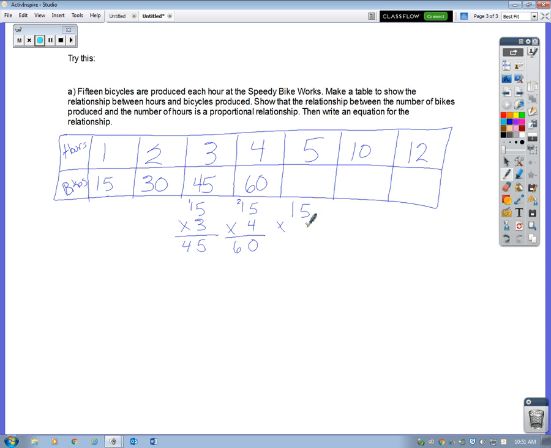And 15 times 5. 5 times 5 is 25. Carry our 2. 5 times 1.